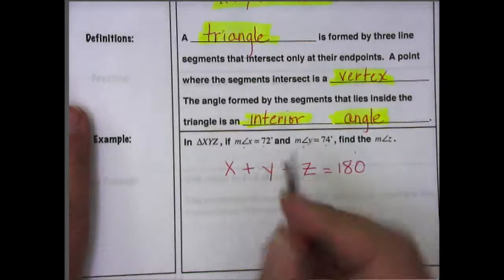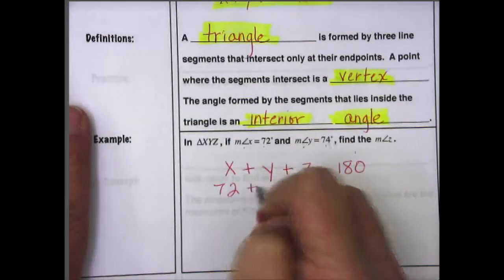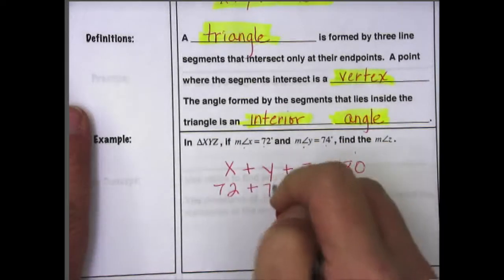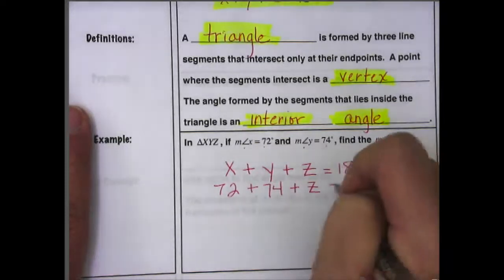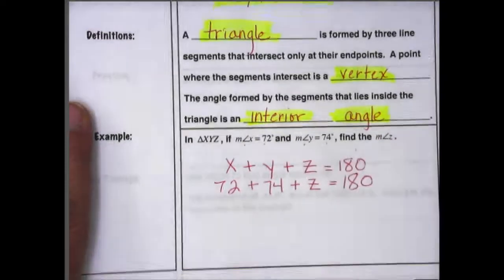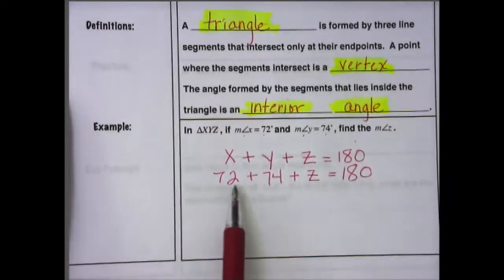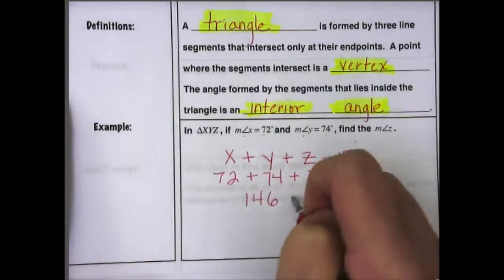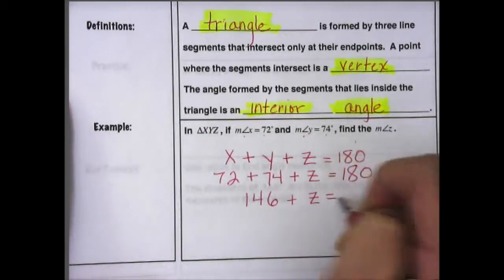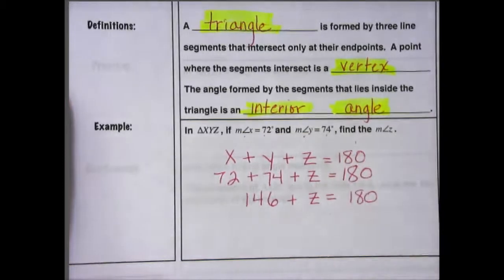We know that the measure of angle X is 72 and the measure of angle Y is 74, so we'll substitute those in, and we don't know what Z is, so we'll leave that as our variable. That's our unknown. When we add 72 plus 74, we get 146 plus Z equals 180.